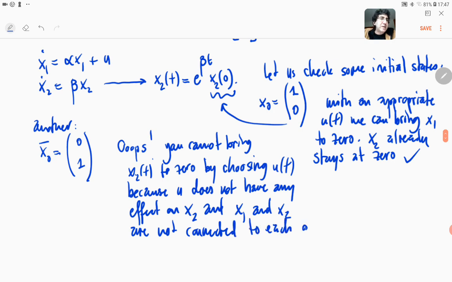So that means your effect on x1 will not affect x2 in some way.